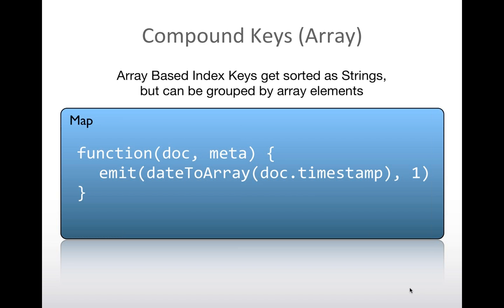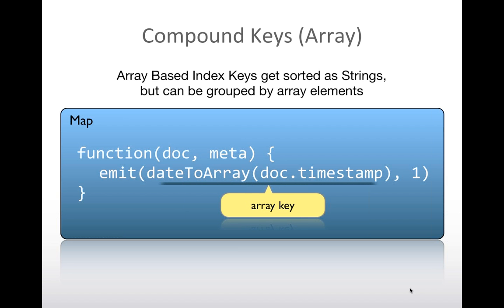This is typically why, in this specific example, we take the timestamp of the document, which is one of the attributes you have inside your documents, and we use the JavaScript function date2array. That is one of the functions we added to the V8 engine. The V8 engine is the JavaScript engine we use on the server side.